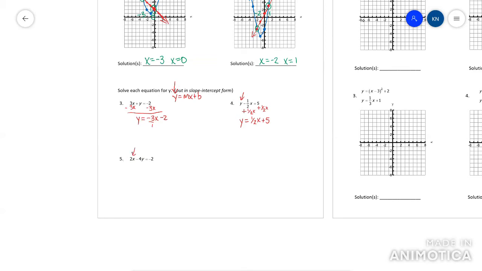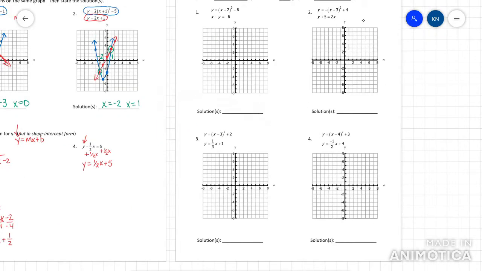You need to move the x first. Then you divide by this number in front of the y, so -4, and everything gets divided by -4 over here. So what this turns into is -2 over -4 is +1/2, like that.